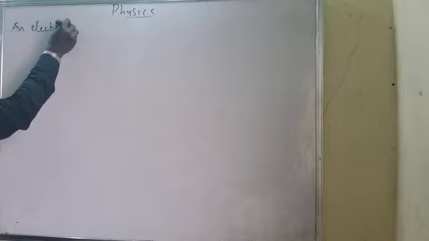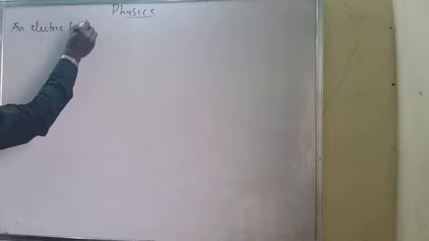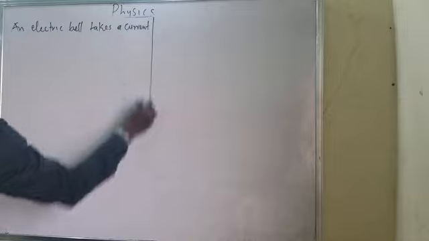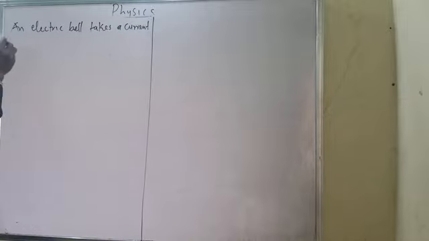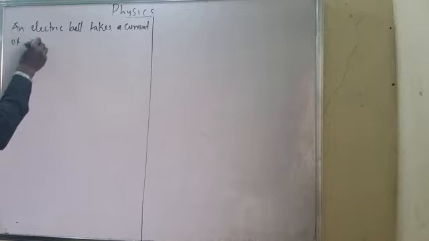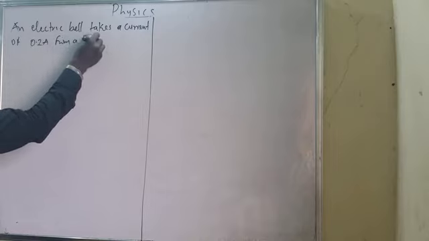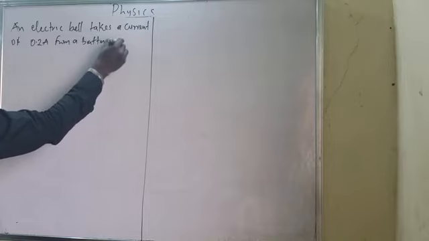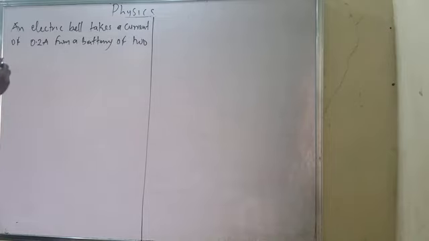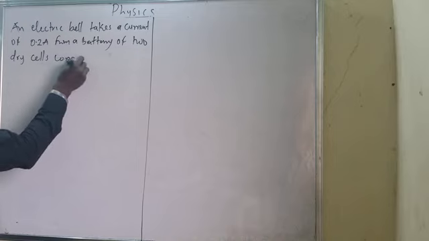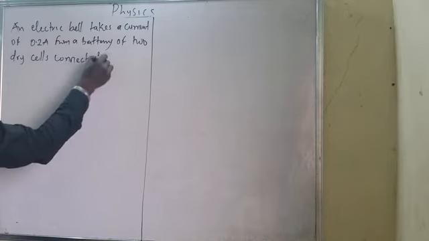An electric bell takes a current of 0.2 ampere from a battery of two dry cells connected in series.